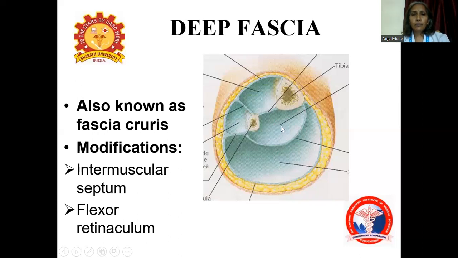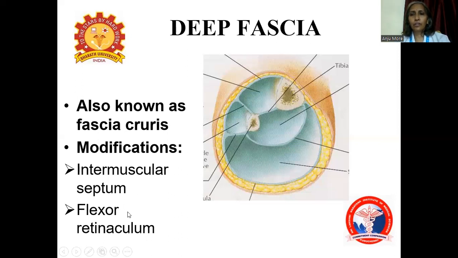Now these muscles will have a long tendon and these muscles will go for their attachment to the foot. So as these muscles cross the ankle joint, the long tendons of these muscles will be held by another modification of deep fascia, and this is called as flexor retinaculum.